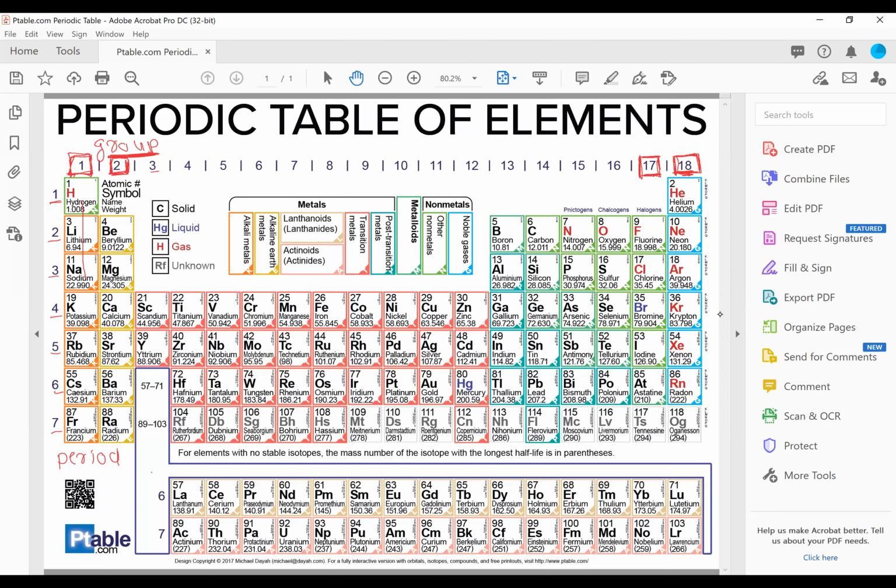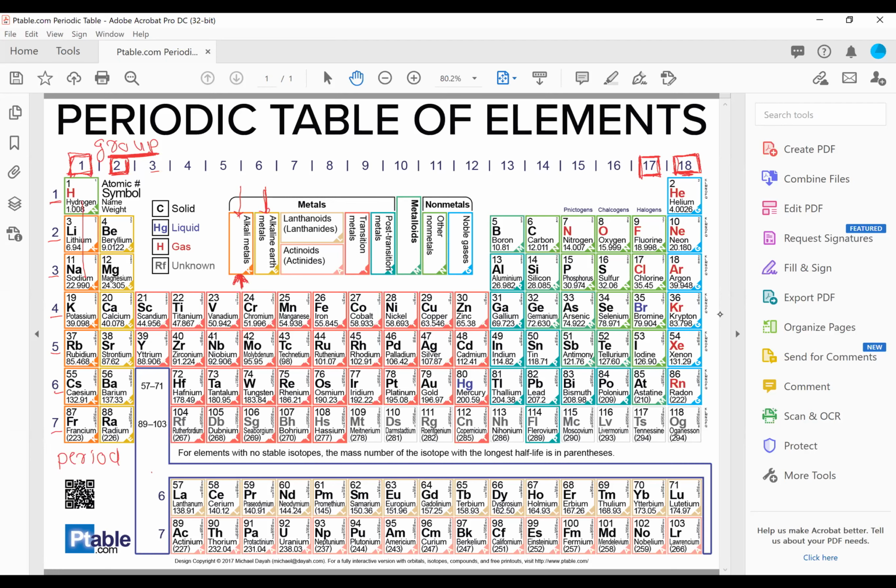What is the name? The first group name is alkali metal. You see this name here? The name of the second group is alkaline earth metal.